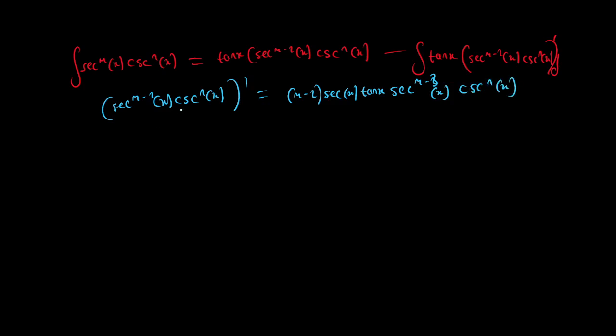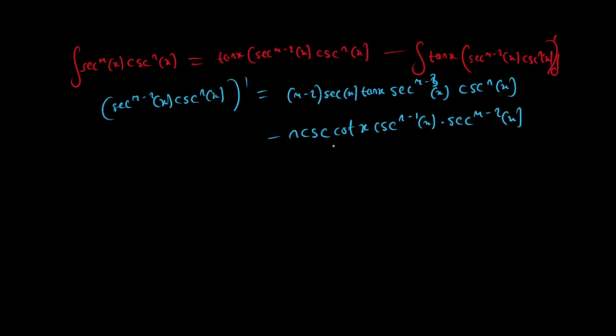Then what is the derivative of cosecant to the n of x? Instead of a plus, you have a minus n, cosecant times cotangent of x times cosecant to the n minus 1 of x times secant to the m minus 2 of x.